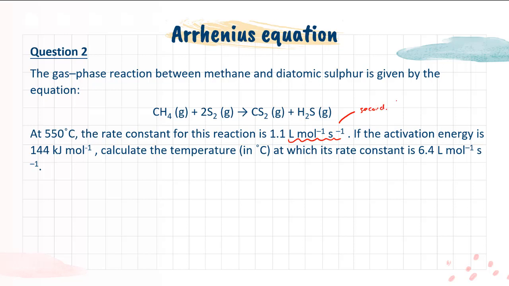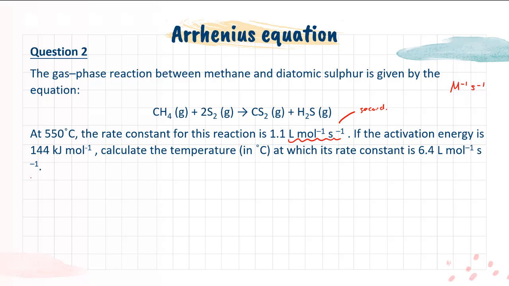You can refer back to the formula in capital letter M and do your substitutions to see whether you can get these units. Given the activation energy is 144 kilojoules per mole, calculate the temperature in degrees Celsius at which its rate constant is 6.4 liter per mole per second.